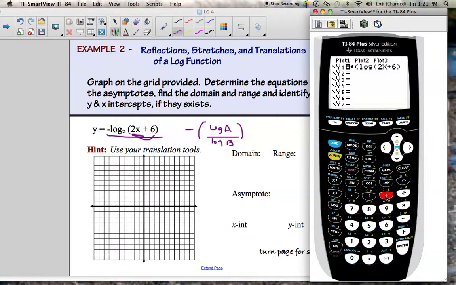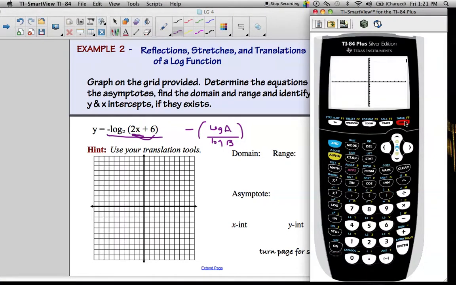And another bracket, and then we're going to divide that by the log of the base, so log of base 2, bracket, bracket, and graph. Okay, so there is our graph.